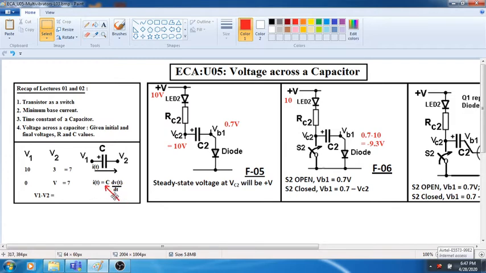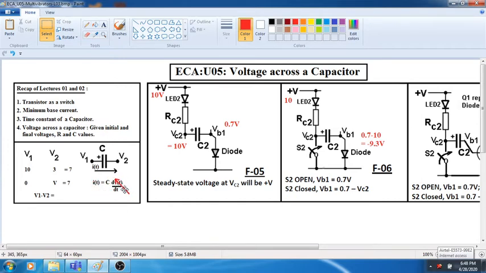Now if I want the voltage change to happen in zero time, which means instantaneously, supposing I want the voltage across the capacitor to change from one value to another value in zero time, then what will be the value of the current?